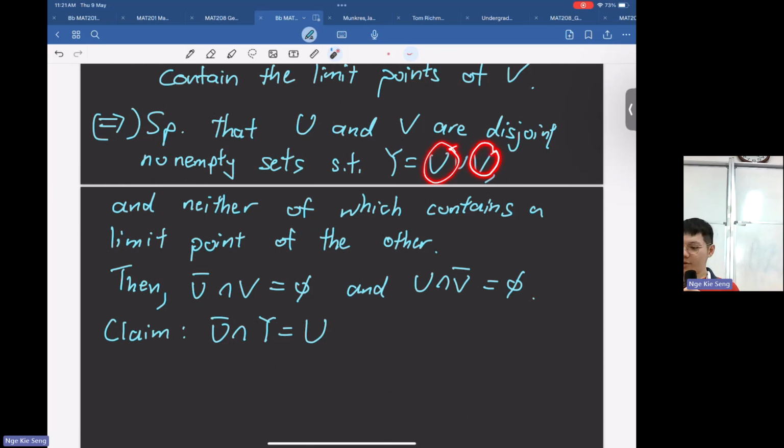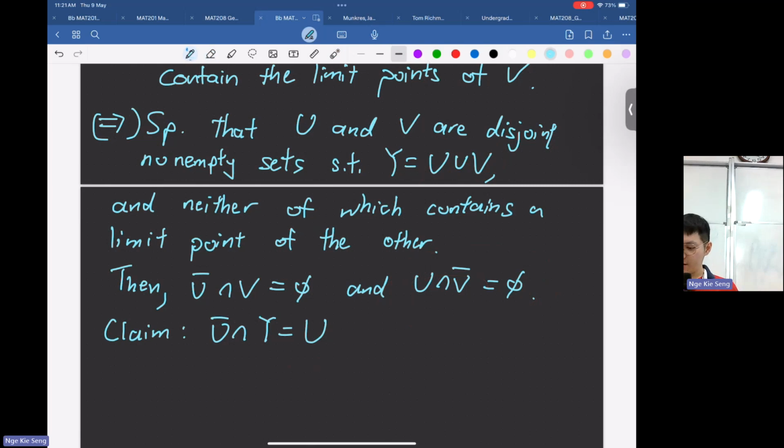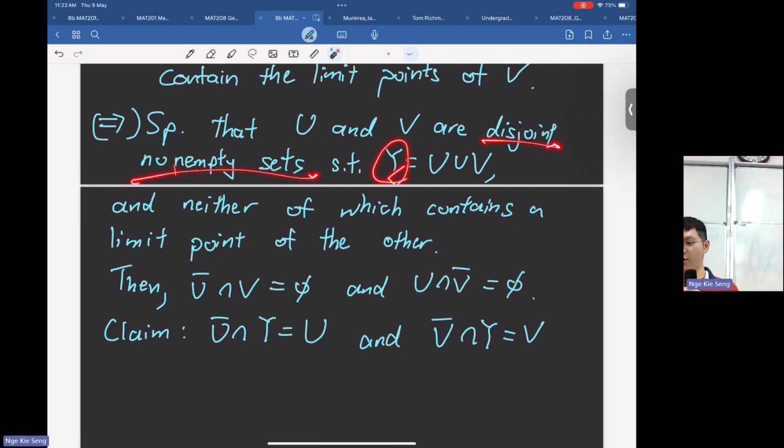And because we get a similar property here, you can also prove that V bar intersect Y equals V. So in this case, V is closed, U is open. So both are closed and both are open. So you have written Y in terms of disjoint non-empty open subsets. Then we are done.